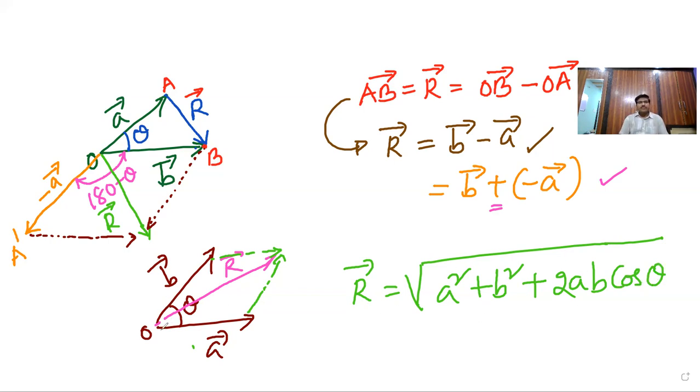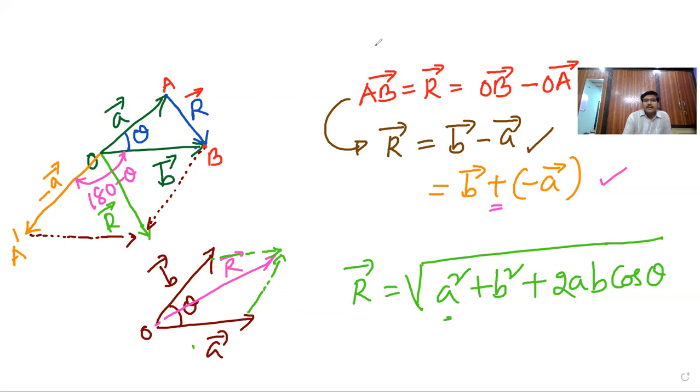In the same manner, if I apply here also, what is the first vector in place of A? First vector is minus A. Second vector is B. And the angle between them is, here it is theta, here the angle between them is 180 minus theta.